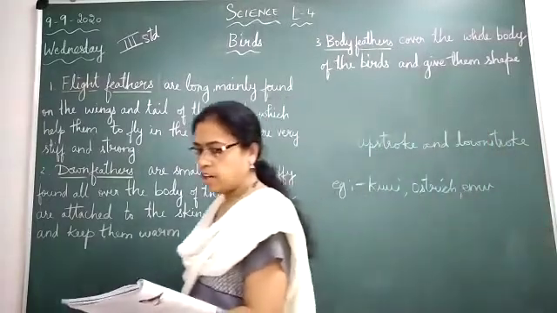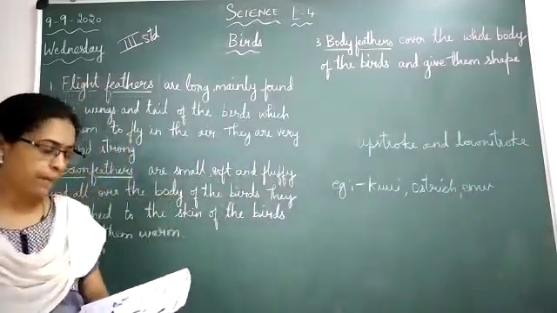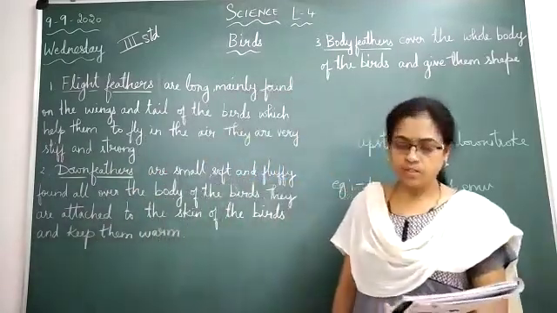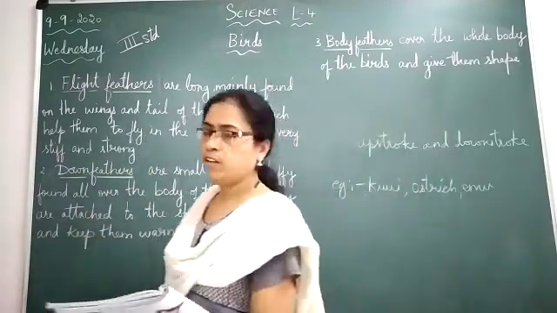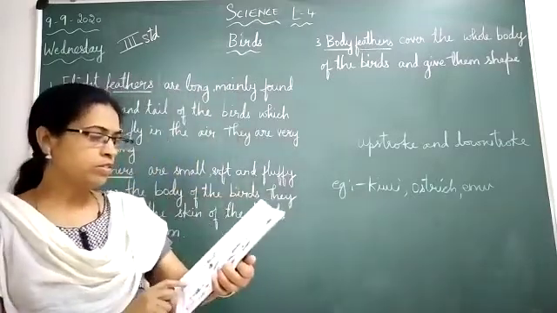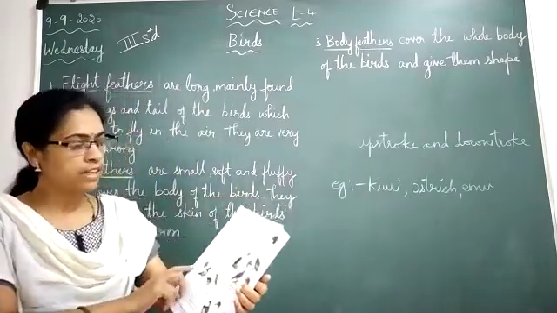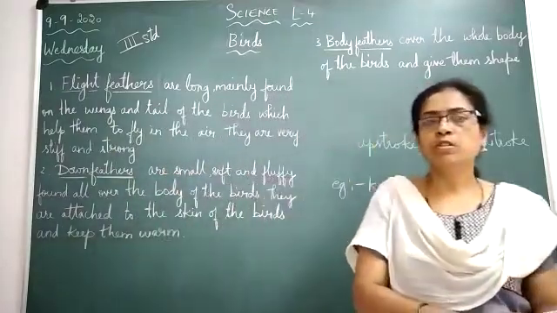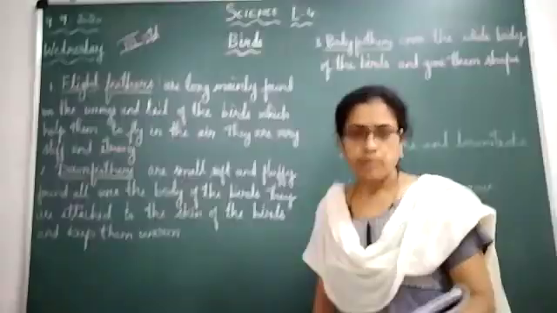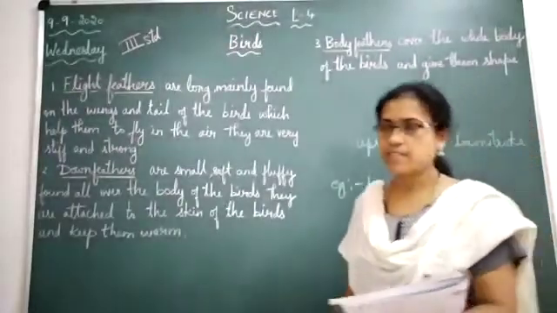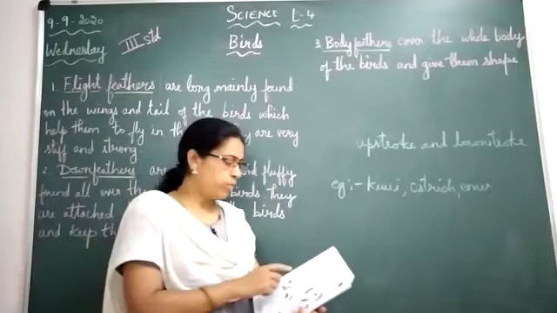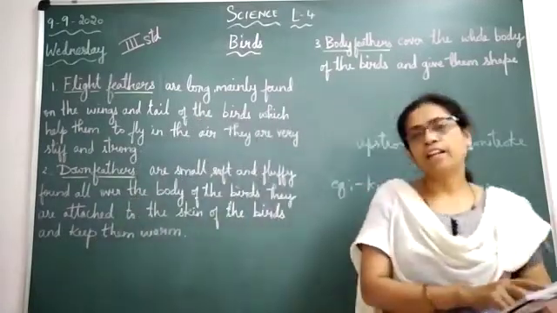Next, how do birds use their beaks? Birds use their beaks to catch and eat their food. They also use their beaks for grooming, preening, protecting, feeding their young ones and building nests. Grooming means brushing and cleaning.